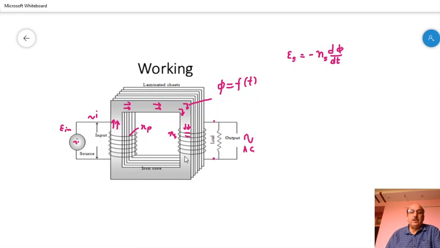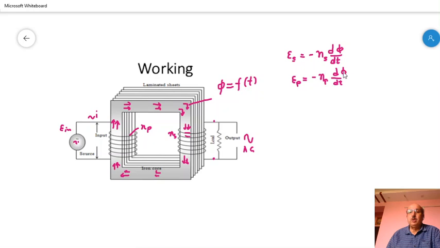Hence, the flux links again with the primary coil. Because of the induced effect in the secondary coil, there will also be a mutual induction on the primary, and the EMF on the primary will be equal to minus Np d by dt of phi.